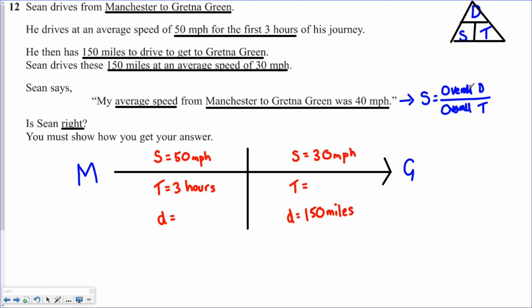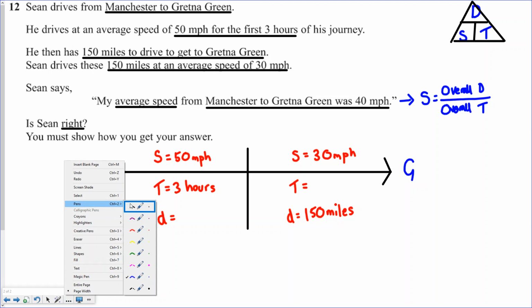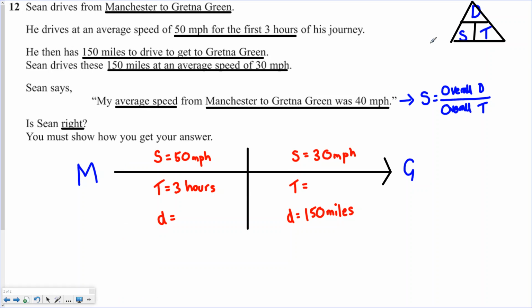Now, do we have the overall distance? We have the distance for the second part of the journey, which is 150 miles. We don't have the distance for this part of the journey, so that's something that we need to try and calculate. Now if I cover up D, distance will give me speed times time. Now I've got the speed, which is 50 miles per hour, times the time, which is 3 hours.